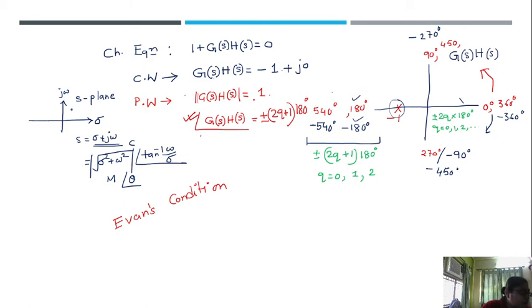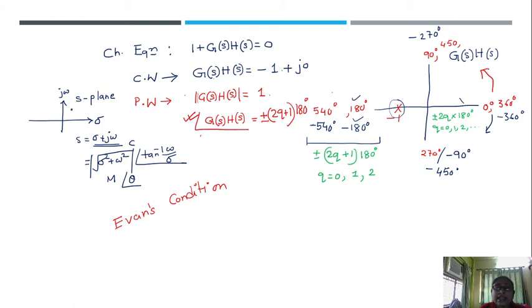Now, the root locus can be drawn very quickly by checking the angle criteria at various points of the S-plane. So what is the criterion to draw the root locus? You have to get this angle criteria.